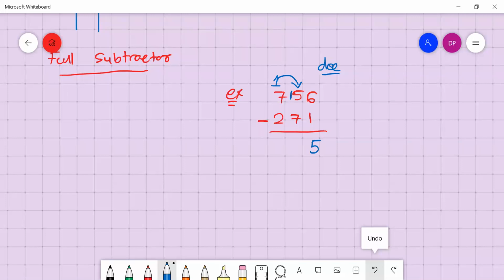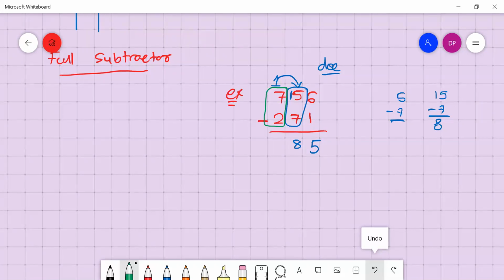So you consider this part only. Earlier 5 minus 7 was not possible, so we have taken borrow 1. So it is 15 minus 7, which results in 8. Now, when you do subtraction for this last one, what will you do?